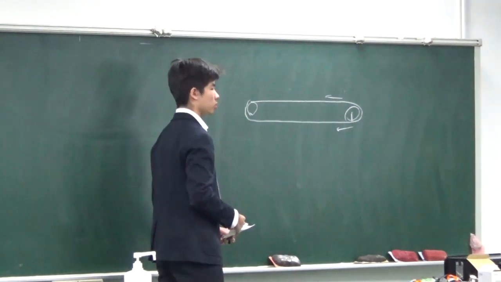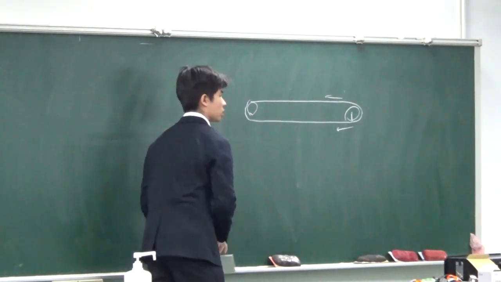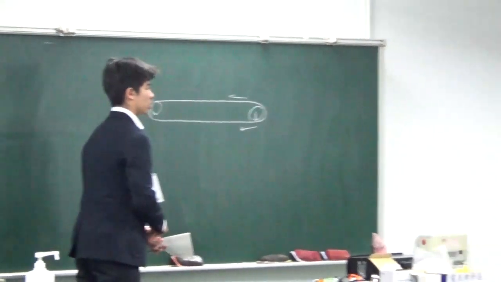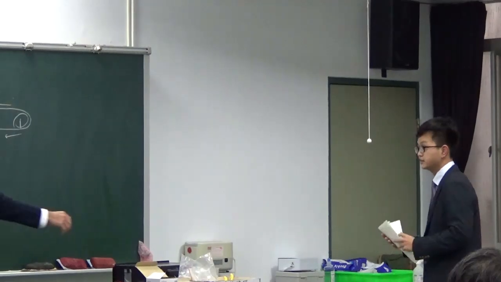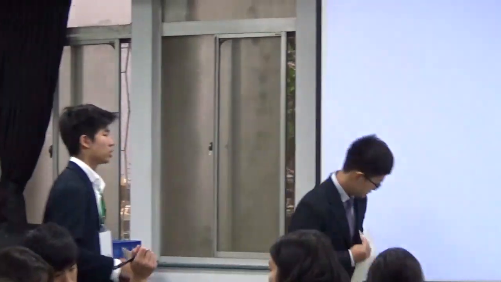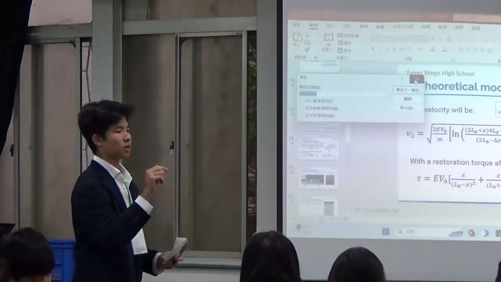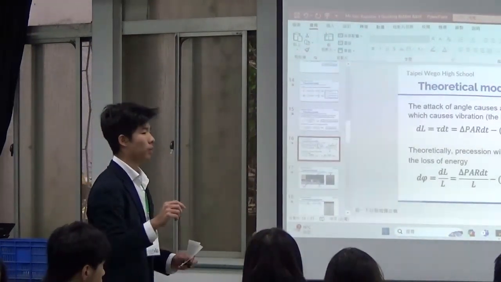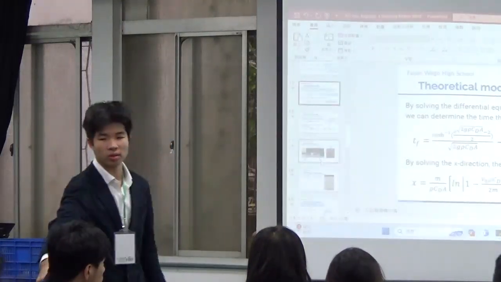Do you consider the Magnus effect if you do a spin, right? Like in the presentation I just said, due to the small surface area of the rubber band, we did not consider the Magnus effect in this condition.